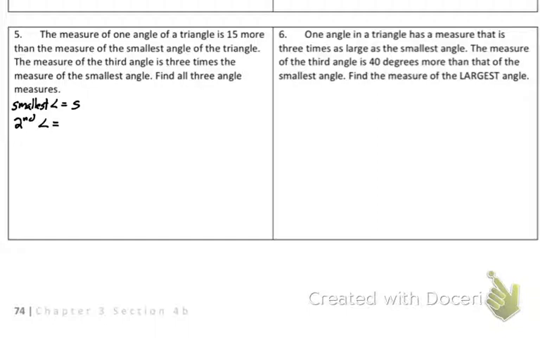The measure of one angle of a triangle is 15 more than the measure of the smallest angle. So my second measure is going to be the same size as my smallest, plus 15. So 15 plus S. Now let's do our third angle. The third angle is 3 times the measure of the smallest angle, so that's going to be 3S.